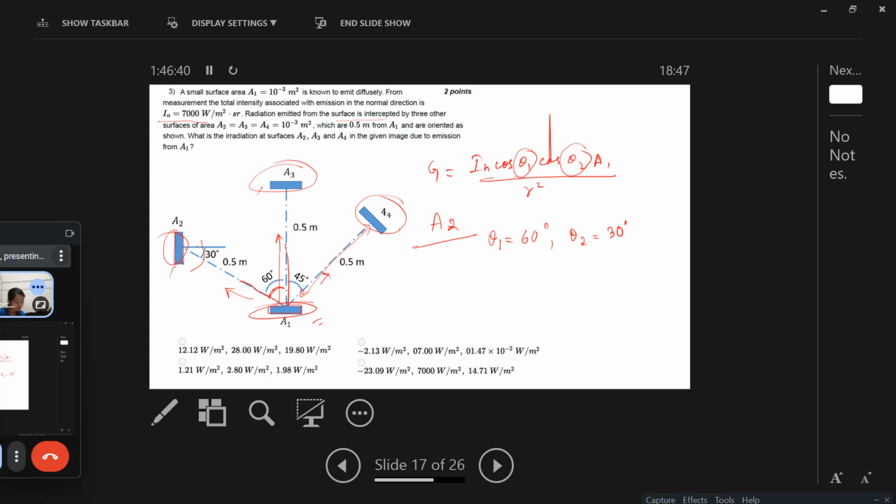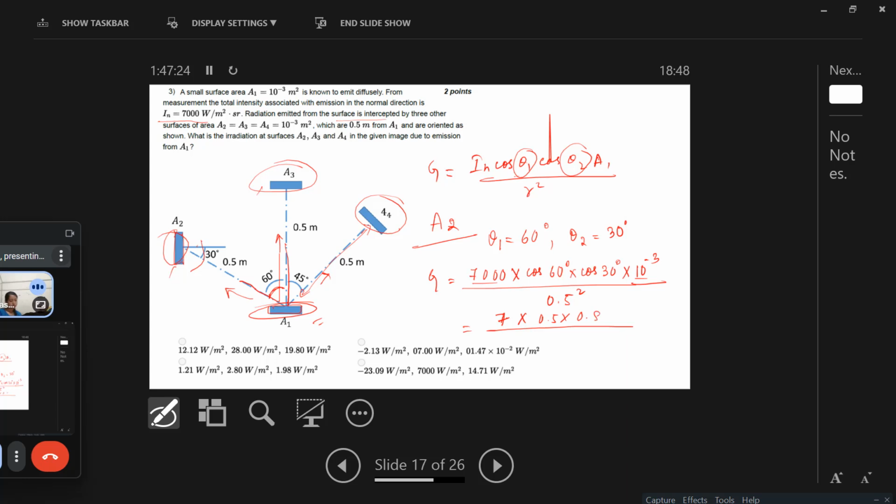Okay, so if we write the irradiation, I_n is given as 7000 into cos theta, that is cos 60, into cos 30, into area is 10 to the power minus 3, divided by R square, which means the distance 0.5 square. Okay. So what we get, this and this all cancel out. Now the 7 will remain. 7 into cos 60 is 0.5.